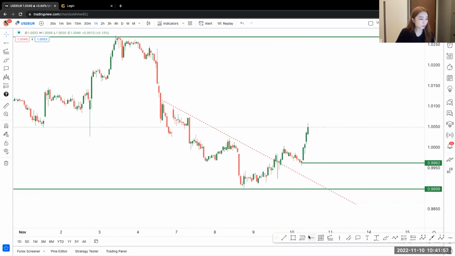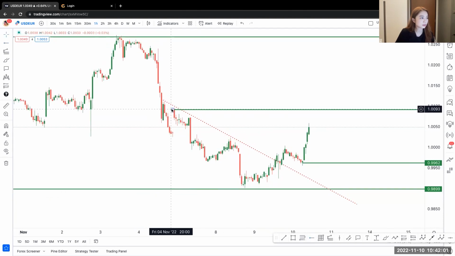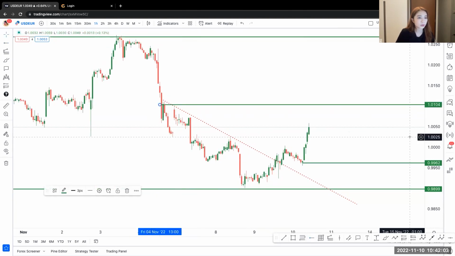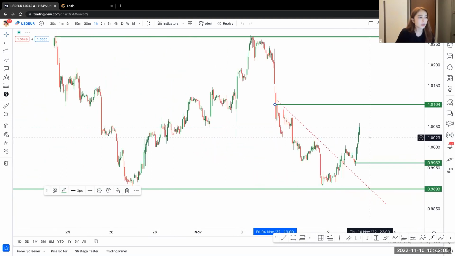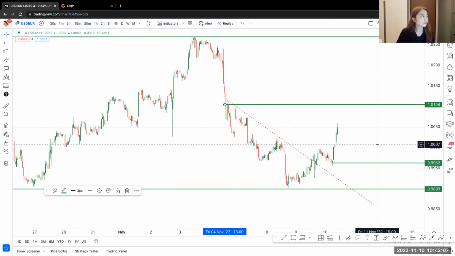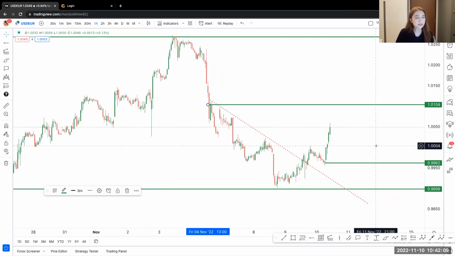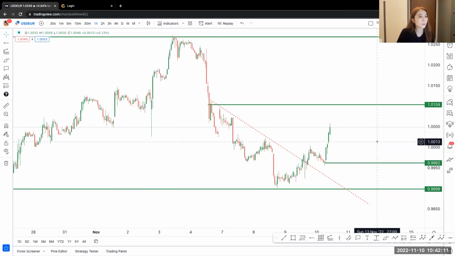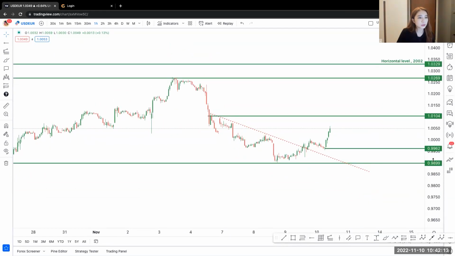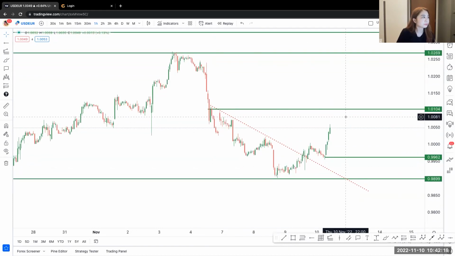And then we are also looking at a resistance price point at 1.0104. Okay, so for those that do hourly trades for dollar euro and you still want to trade this in between these two big price points that we have talked about, this is something that you can look at.